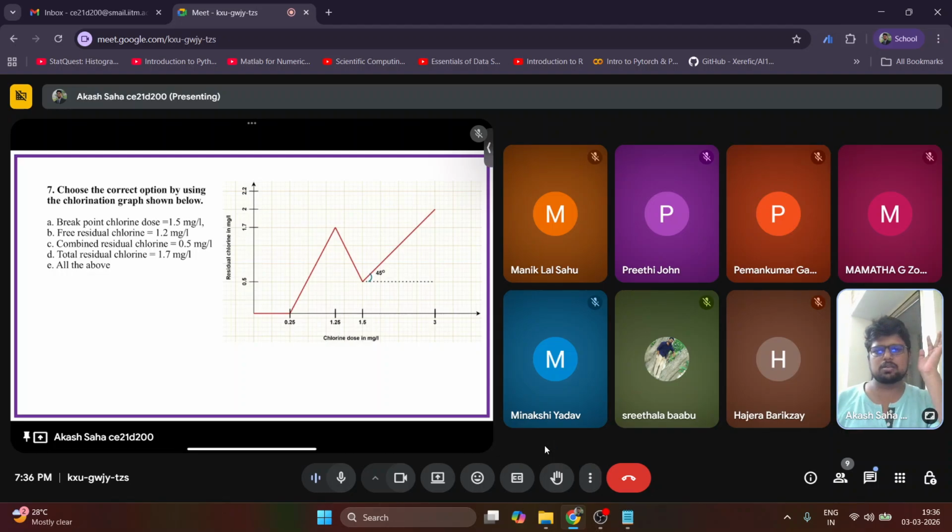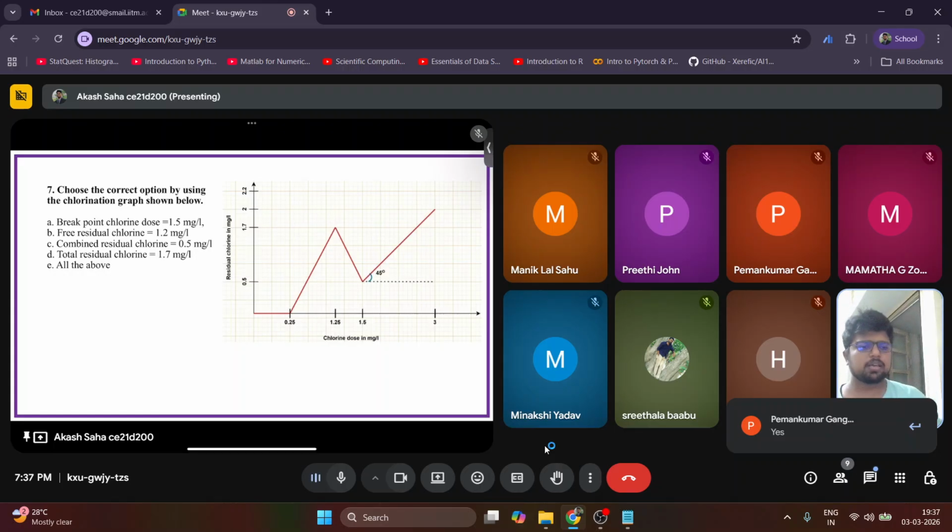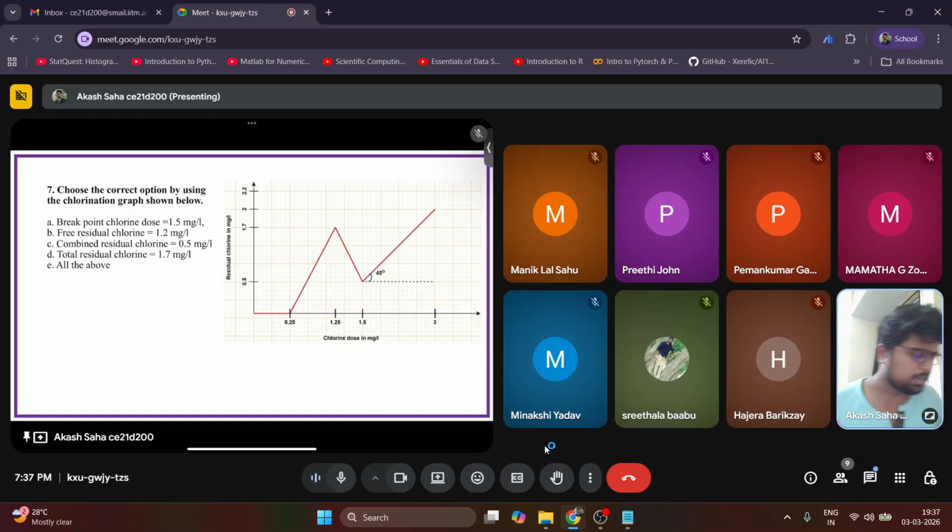Anyone who doesn't know how to calculate this, shall I explain the breakpoint chlorination curve? Yes. Okay. Let's see what actually is a breakpoint chlorination curve, and why we are bothered about it.